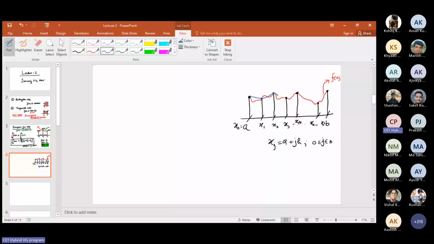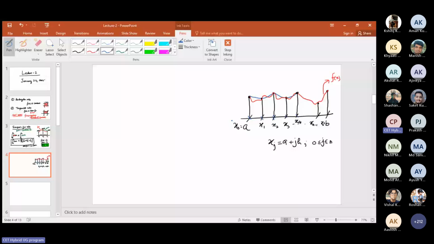If you notice carefully, in order to draw a parabola, I need 3 points. So the first parabola is drawn with x0, x1, x2. The second parabola is drawn with x2, x3, x4. So notice carefully that you will need an even number of partitions in this case.